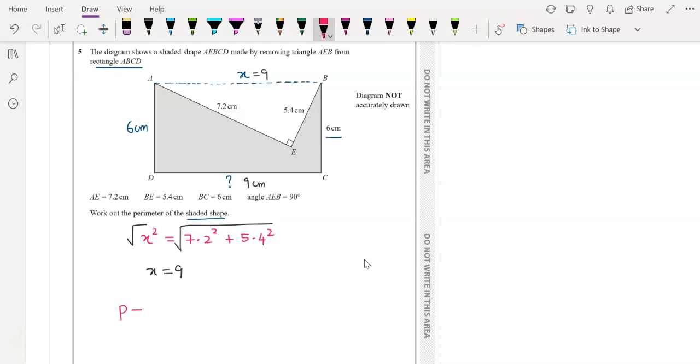So perimeter of the shape is 6 plus 9 plus 6, 5.4 and 7.2, and that should give you a total of 33.6 centimeters. Okay, moving to the next question, that is number 6.